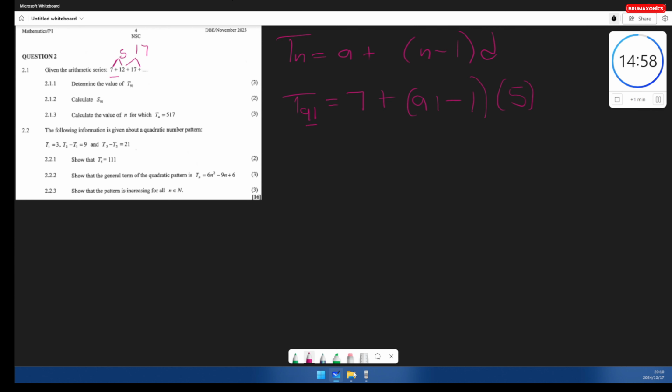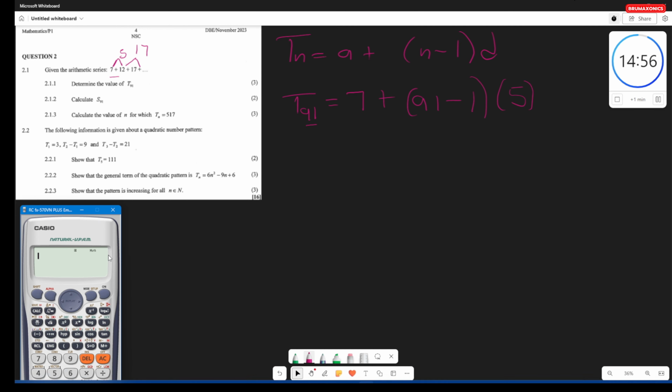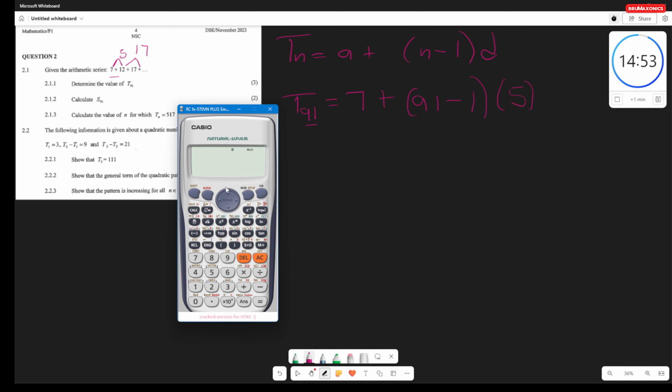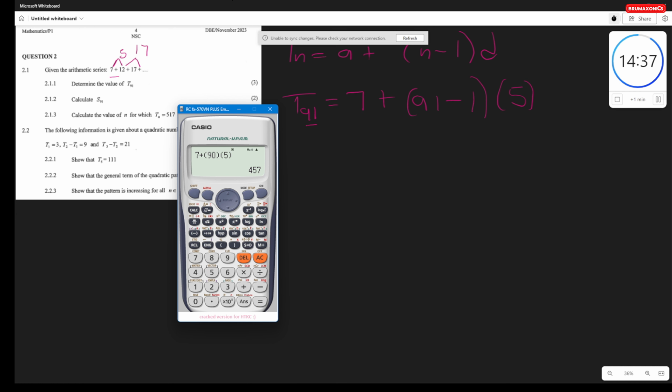Then after that, I'm just going to use a calculator and see what we are going to get. That will be 7 plus, and 91 minus 1 will give us 90, and then we multiply that by 5, and then we have our value.